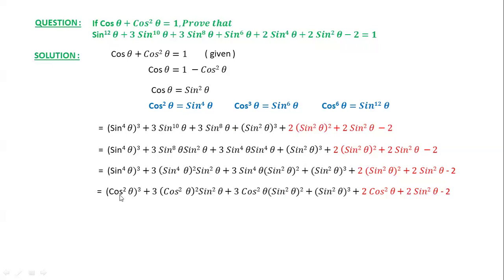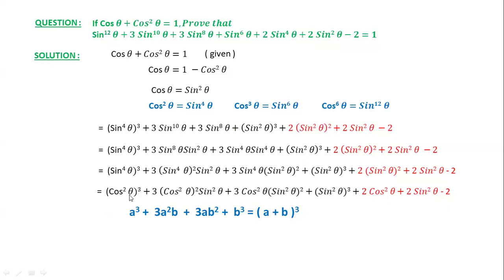Now if you see this, a raised to 3 plus 3a square b plus 3ab square plus b raised to 3, it is taking a form. So a raised to 3 plus 3a square b plus 3ab square plus b raised to 3 is a plus b whole cube. It is matching an identity here. So this is your a and this is your b.